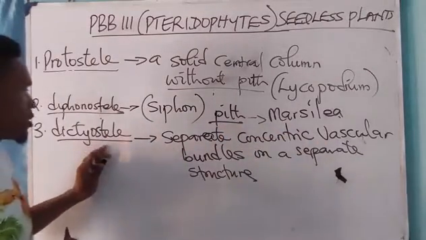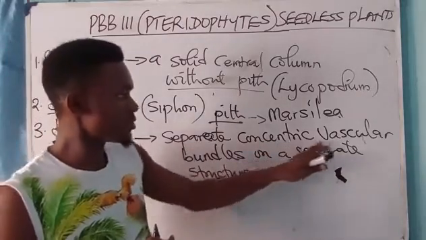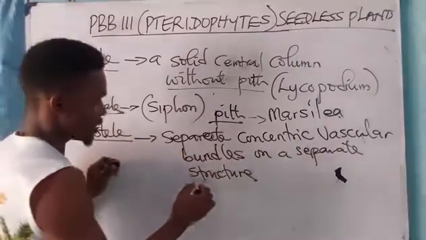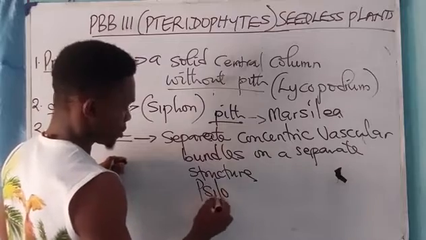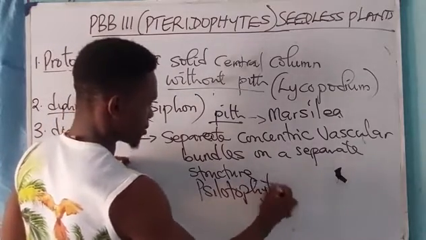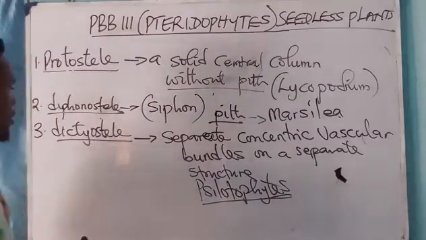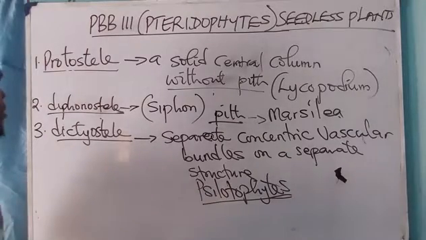Then the dictyostele is a type of stele in which there are separate concentric vascular bundles. This type of stele is possessed by pteridophytes. Take note of that.